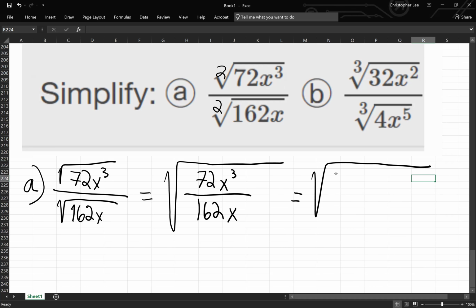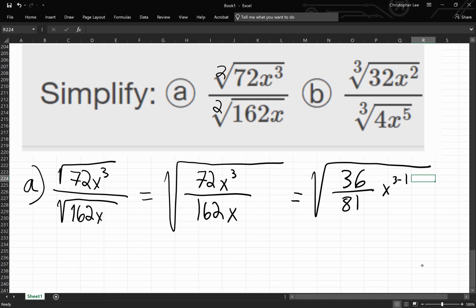So the top would be half of 72, which is 36, and half of 162 is 81. And then we have x cubed over x, that's just gonna be x to the 3 minus 1 power, always top minus bottom.